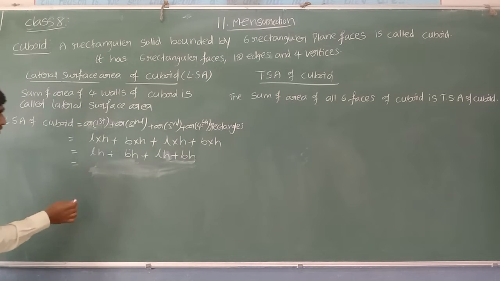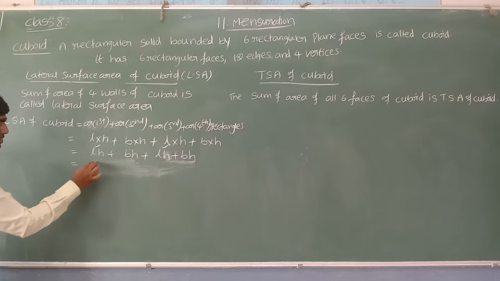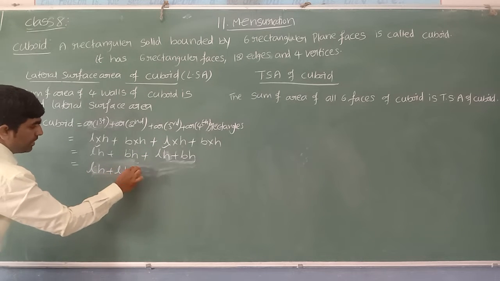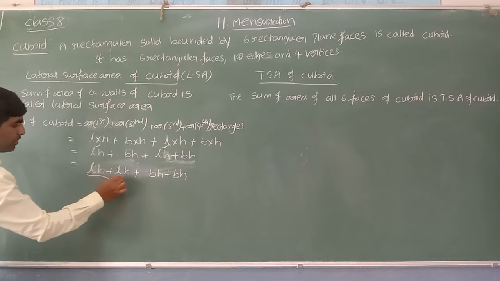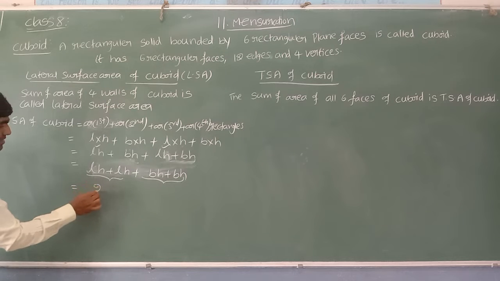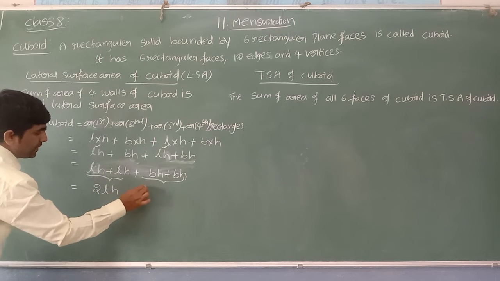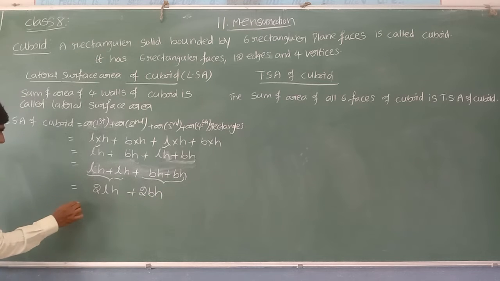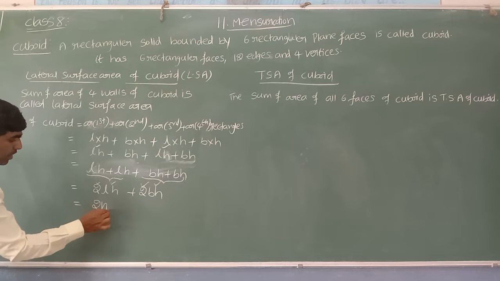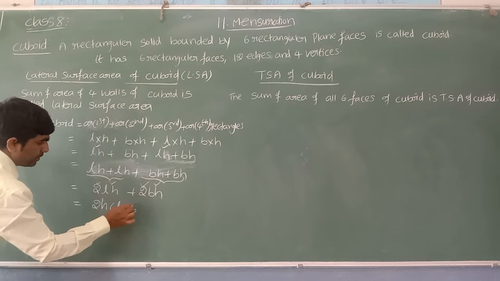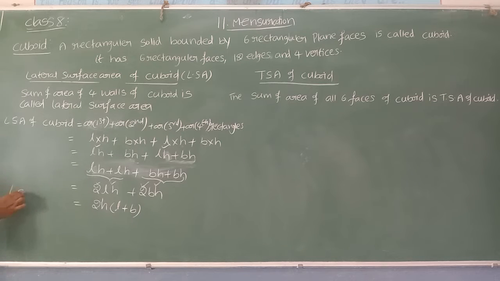These are like terms, so you can simplify. 2LH plus 2BH. Is anything common? 2 we can take common, H also we can take common. If I take 2H common, what is left here? L plus B. This is the formula we can use to find the LSA of a cuboid, I mean lateral surface area of a cuboid.